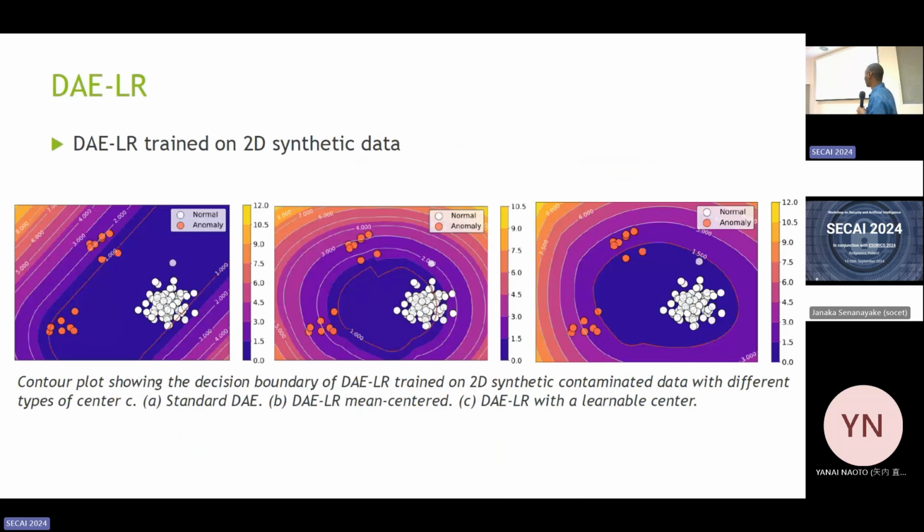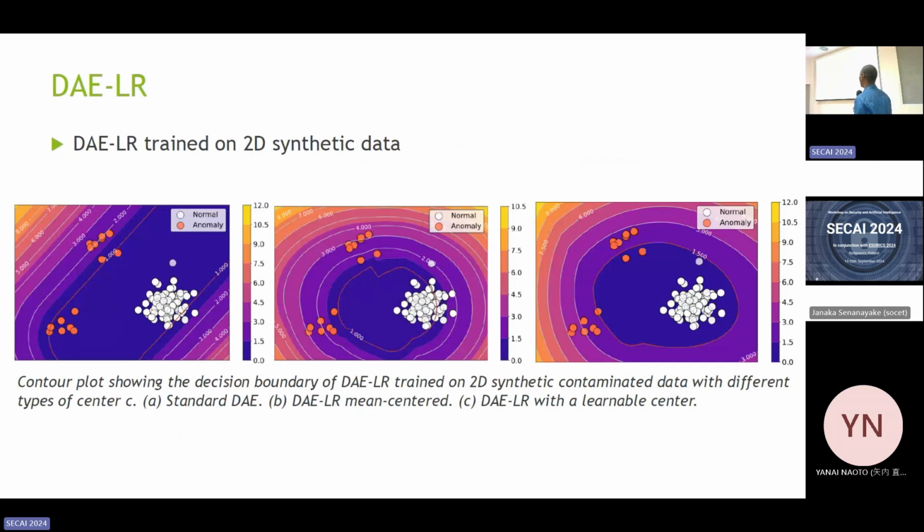And here we try to apply this optimization using some 2D synthetic data points in the next plots. This one is related to the standard autoencoding, and we can see that the lower it is, the more normal the point is. So when we use the standard autoencoder, the model is performing really badly when the training data set also contains anomalies instead of just normal data.